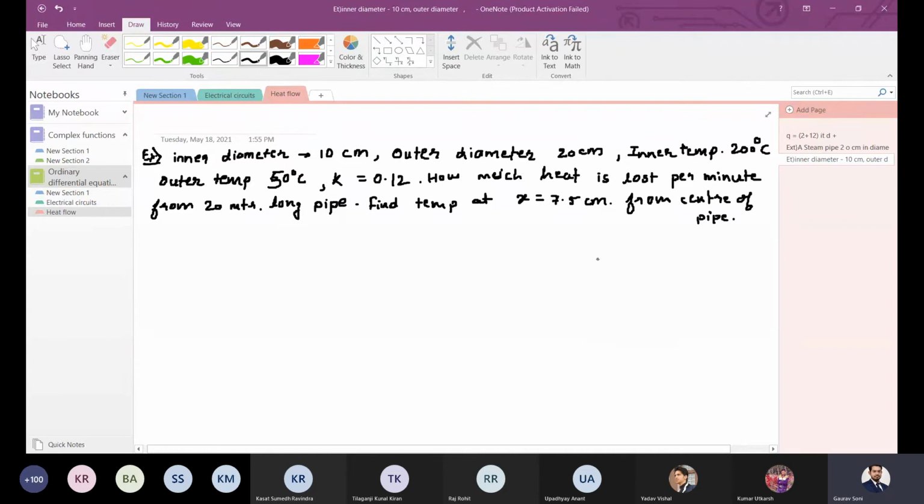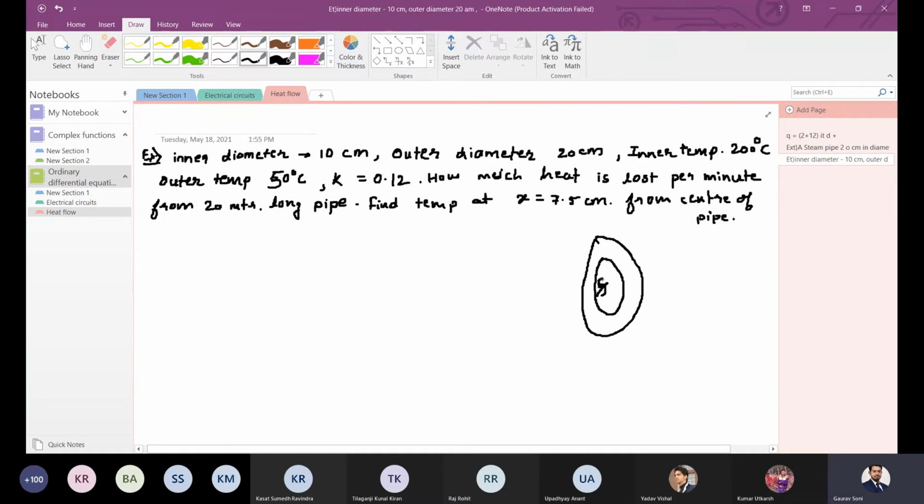Let's draw the diagram. This much distance is the inner diameter, 10 centimeters, so this one will be 5. Outer diameter is given to be 20 centimeters.